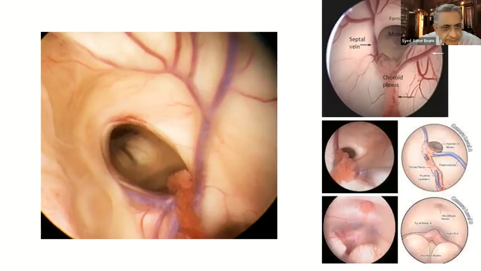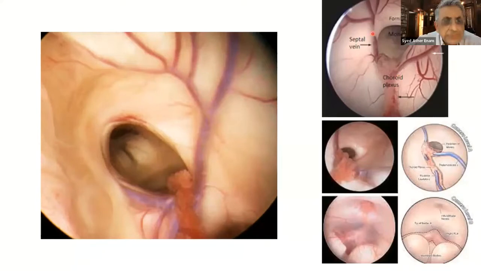And this is the choroid plexus over here. And we see the thalamostriate vein coming over here. And then the septal vein is coming from here. In this picture, actually, you see it better over here, right?